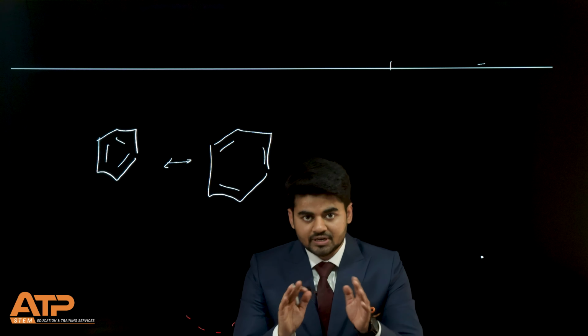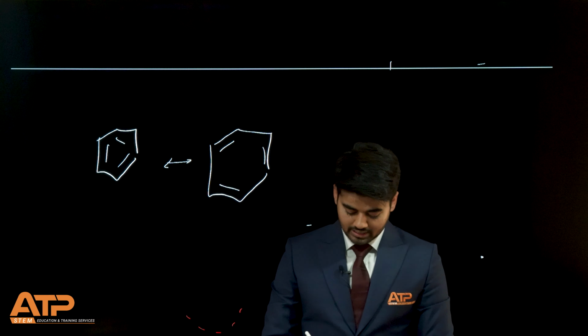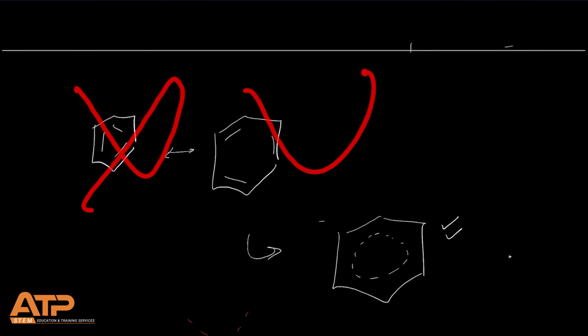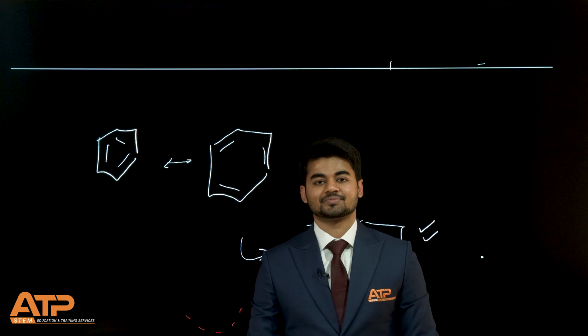So it switches between 1 and 2, 1 and 2. No, it's always 1.5, the average. So this is the real structure of benzene which exists. Benzene never exists in this or in this. Okay. I hope you understood the concept of resonance.